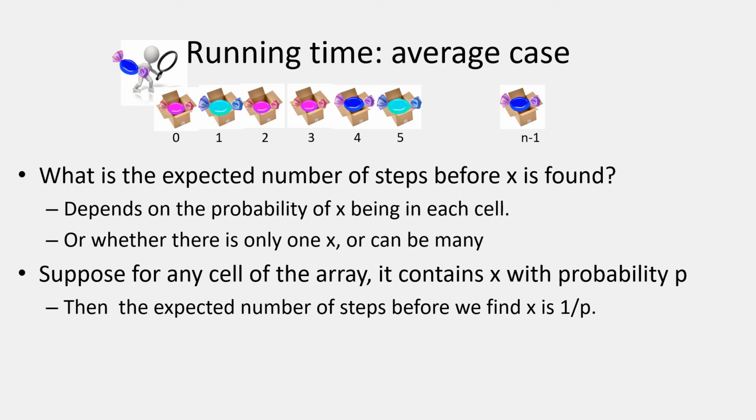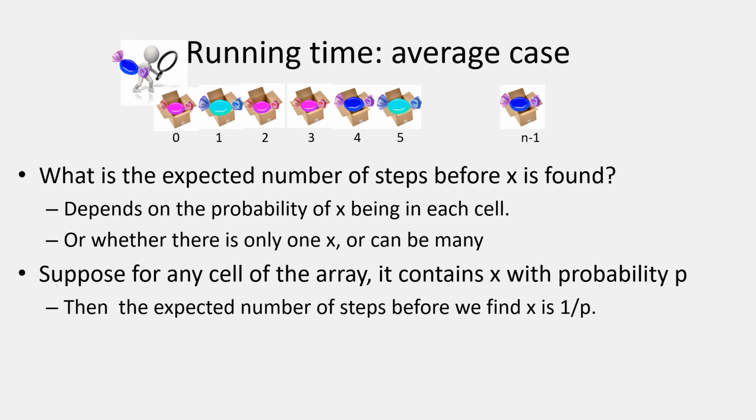So here is where you could refer to the Bernoulli trials and how to check the expected time until you get some result. So suppose every cell of the array contains X with probability P. Then, by the formula that we studied in the last unit, the expected number of steps before we find X is 1 over P.